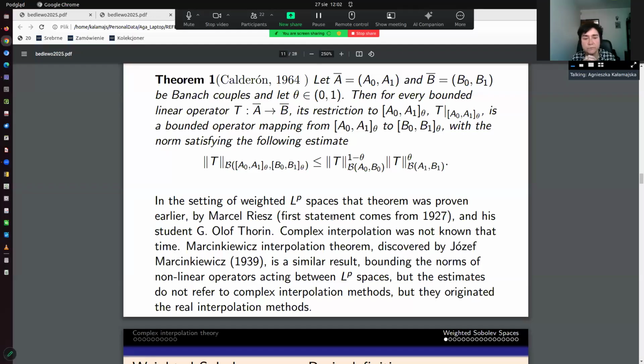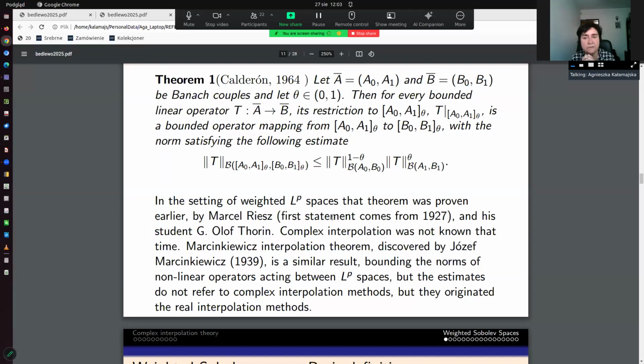Then in 1939, there was the Marcinkiewicz interpolation theorem, which gives the upper bound, and there it doesn't use interpolation spaces as a tool, but the tools in that Marcinkiewicz theorem in the Lp setting are called real interpolation methods. So they originated another way to bound operators, which describe so-called real interpolation spaces.